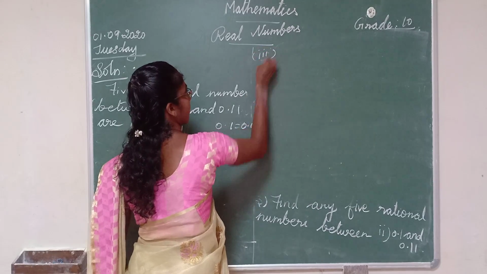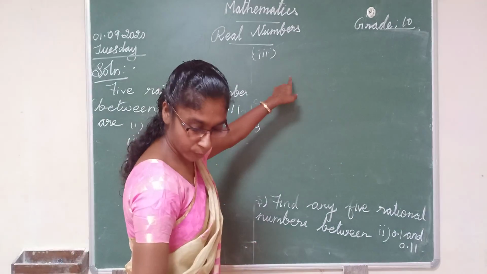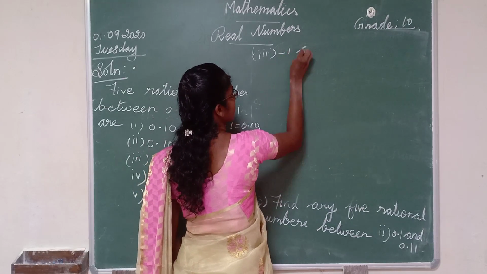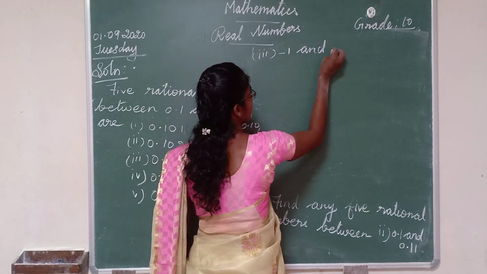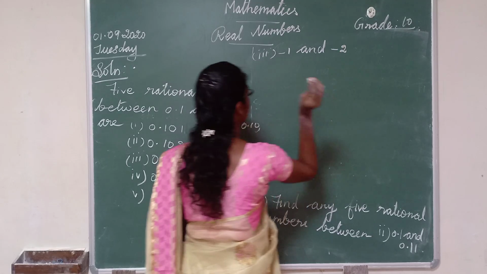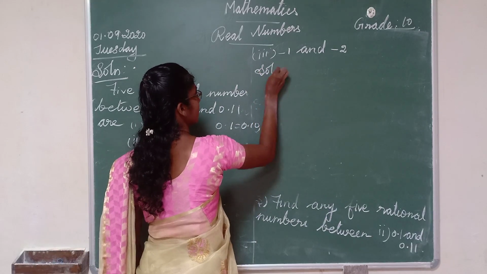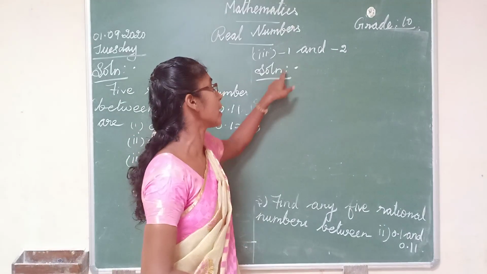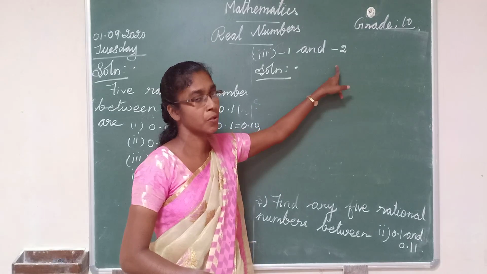Minus 1 and minus 2. Can you say 5 rational numbers between minus 1 and minus 2?